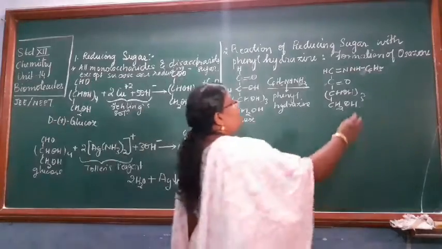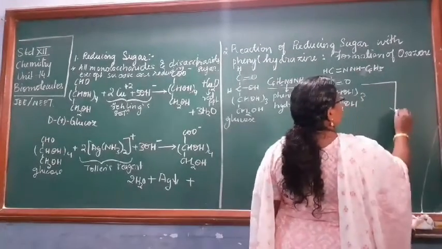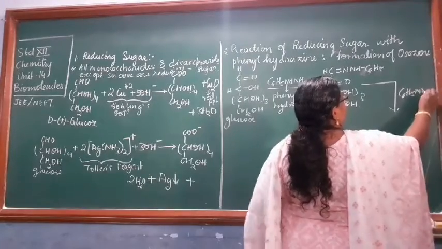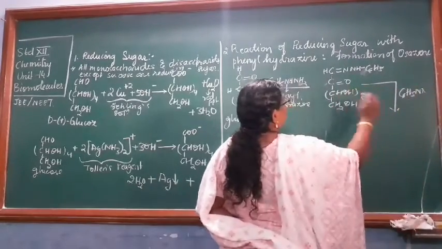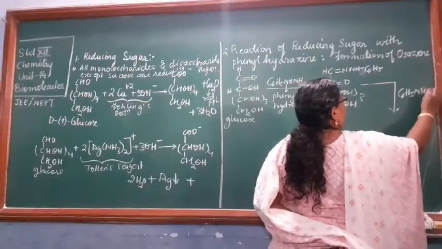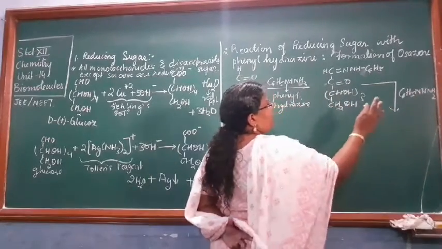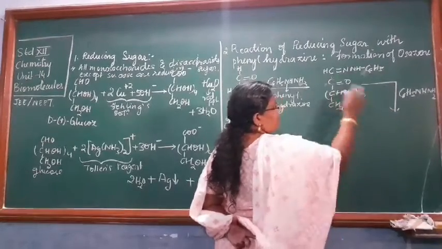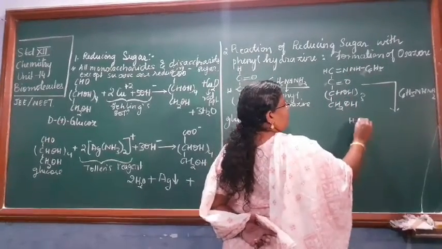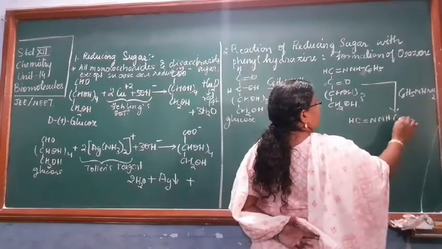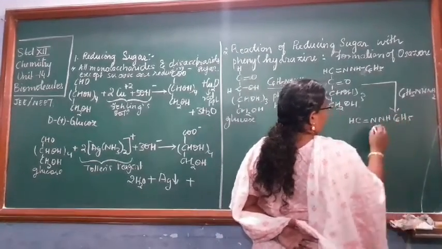The second molecule of phenyl hydrazine, C6H5NHNH2. It reacts with this compound and it now gives you what you can see, double bond N NH C6H5.